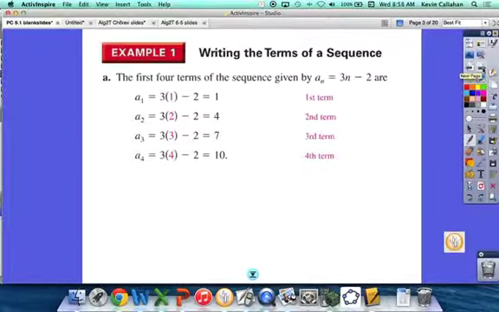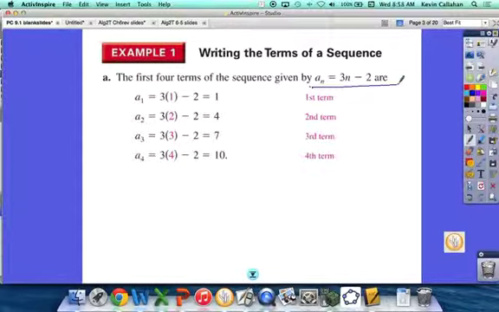Okay, so if you're given a formula for the nth term of a sequence, that would be this here. A sub n equals, and on the right, we've got an expression, and let's just call it the independent variable is n. That's what you're going to be able to plug in.